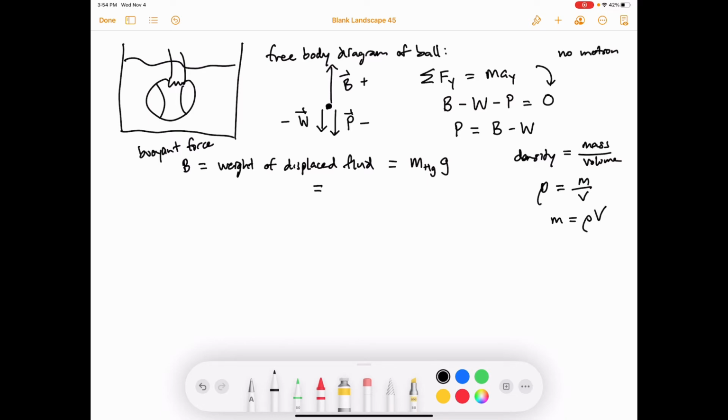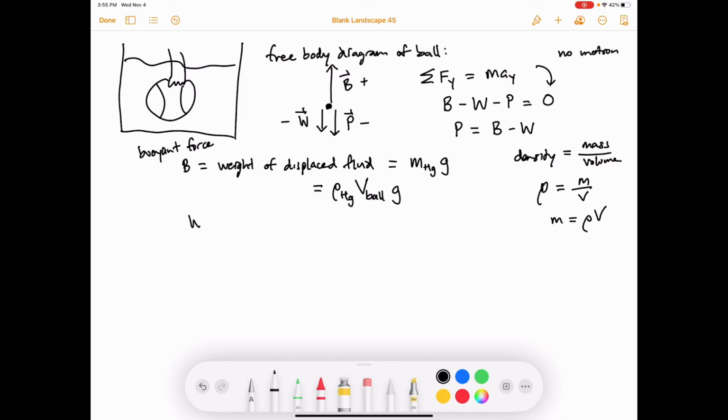So the buoyant force, therefore, would be the density of our mercury times the volume of mercury we displace, which is just equal to the volume of the ball because it's completely underneath the surface of the mercury, and then times g. So that would be the formula for the buoyant force.